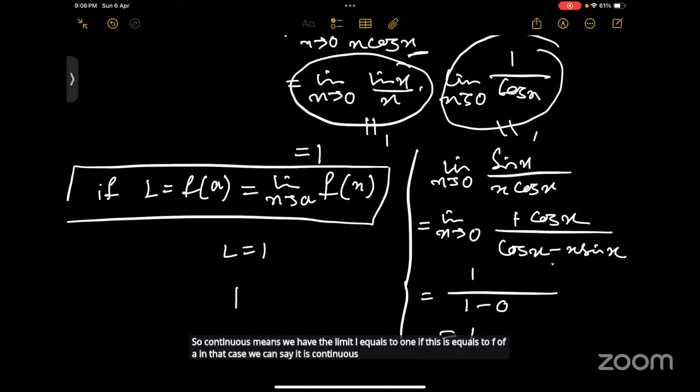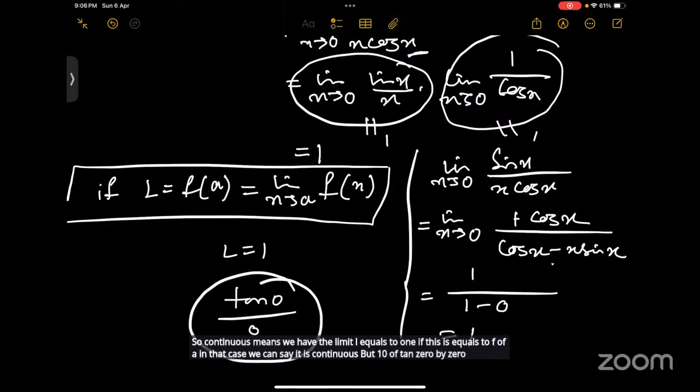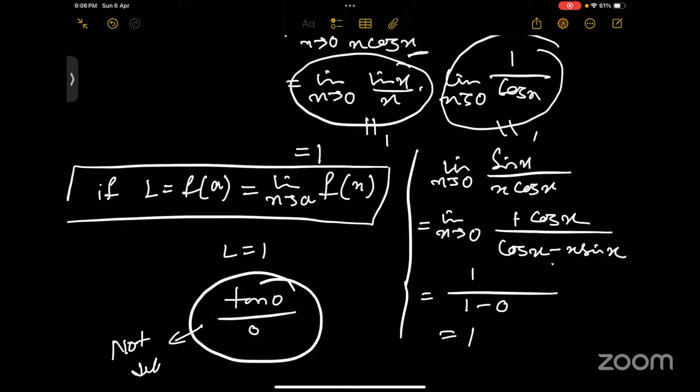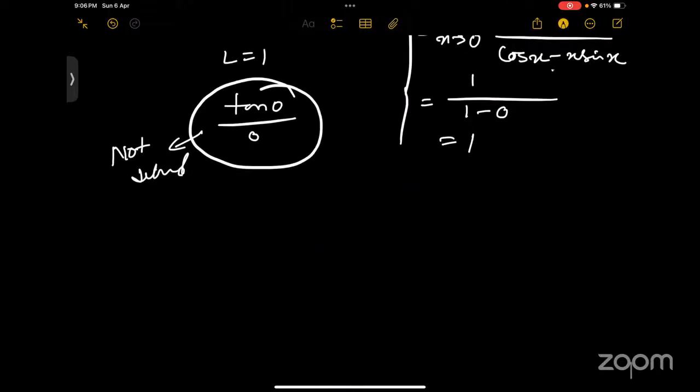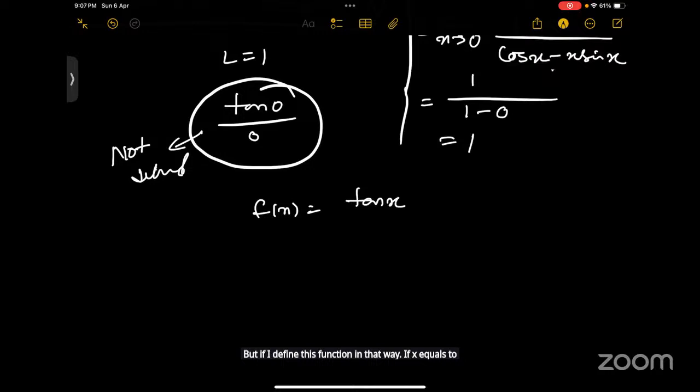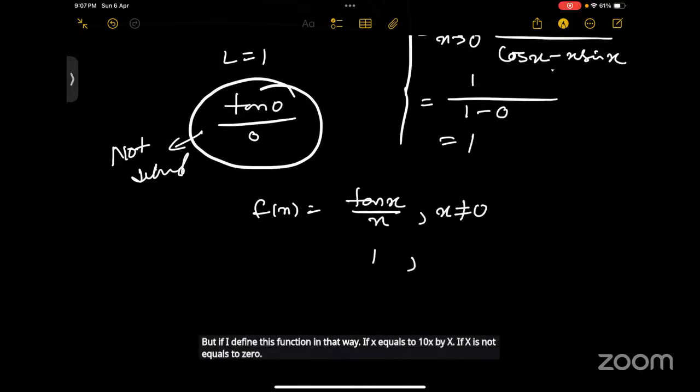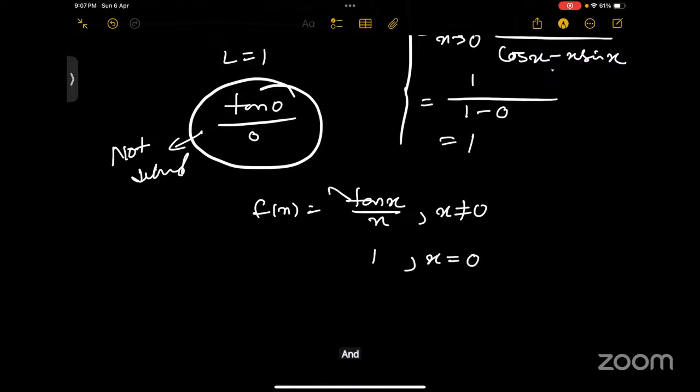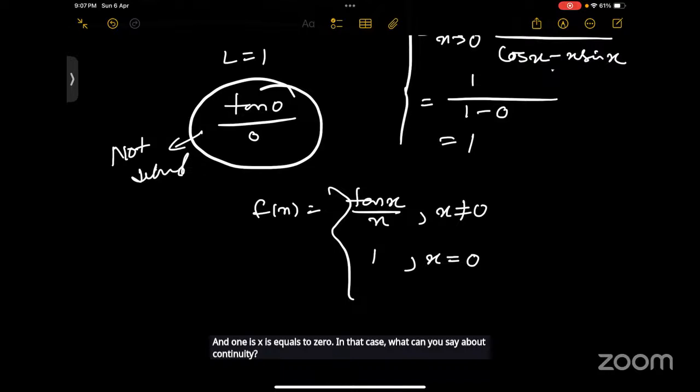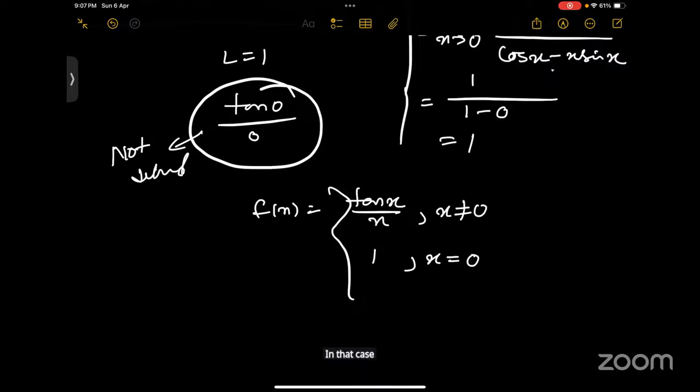But tan 0 by 0 is not defined, right? But if I define this function as tan x by x if x is not equal to 0, and 1 if x is equal to 0, in that case, what can we say about continuity? Yes, ma'am. In that case, it will be continuous, right?